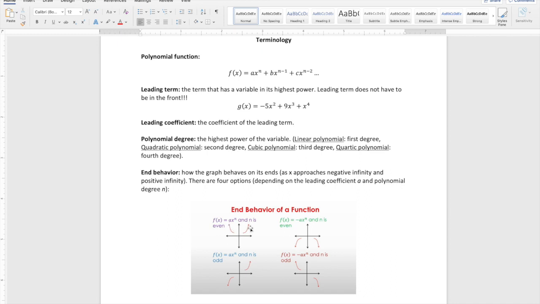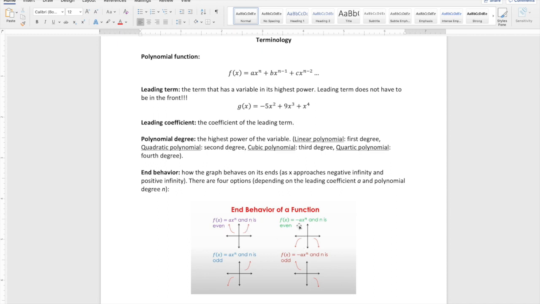If you think of a quadratic function, we talked about it before. If the a in front of that quadratic function is positive, and we know for the quadratic function n is 2, which is even, this is the parabola that opens up. You may have a degree higher than 2, but as long as it's even, the ends of your graph for that polynomial function will look like a parabola.